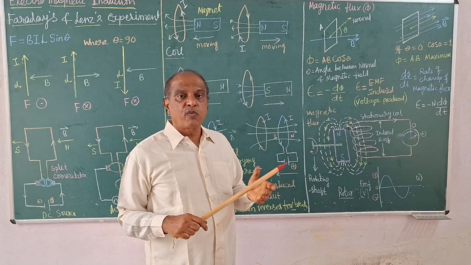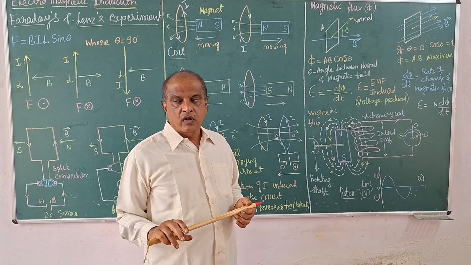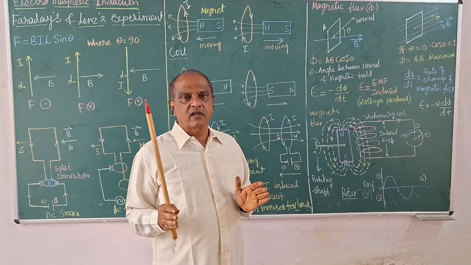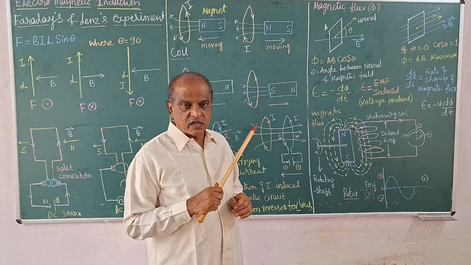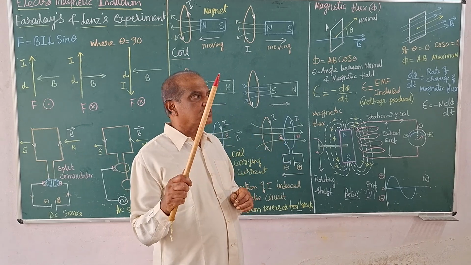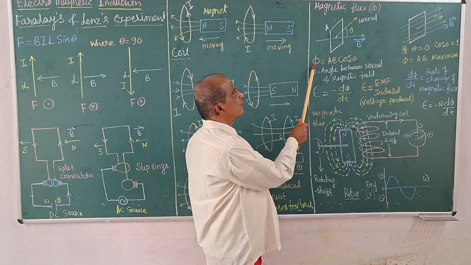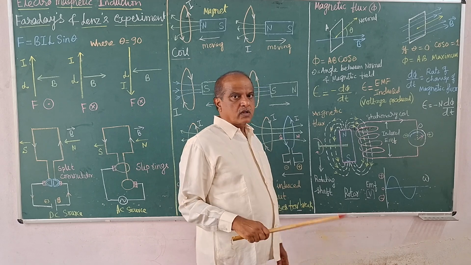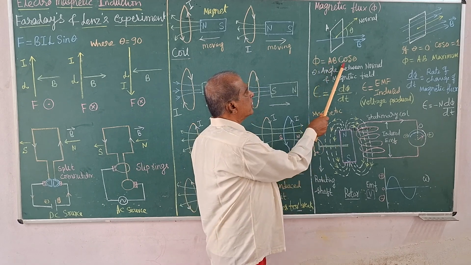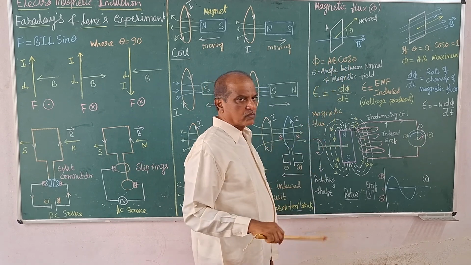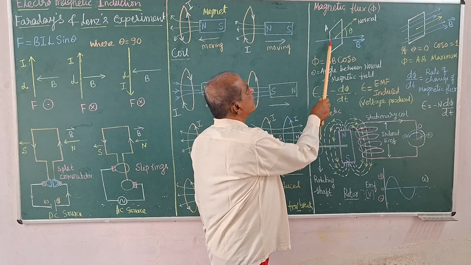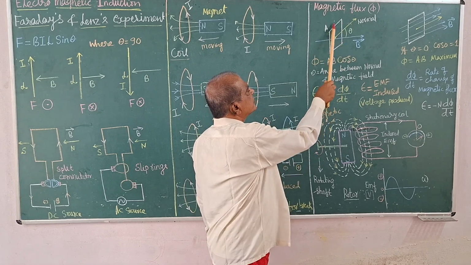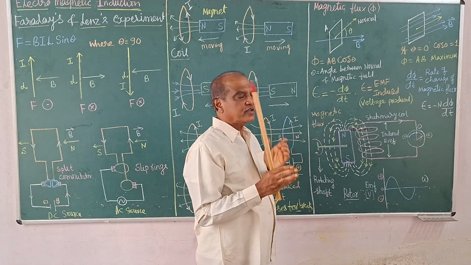What amount of magnetic field? How many lines of force are passing through the given surface? That is called magnetic flux. It is given by AB cos theta. A stands for the area of the surface, a two-dimensional surface area.